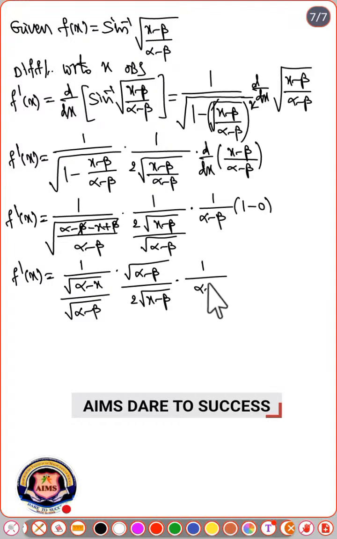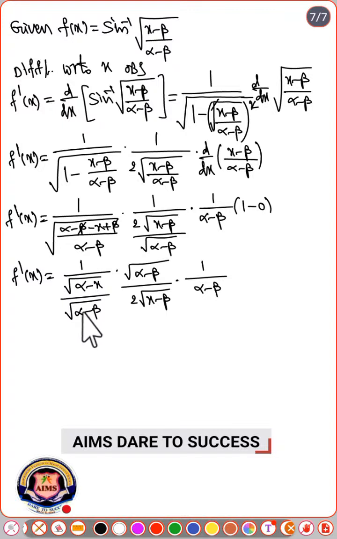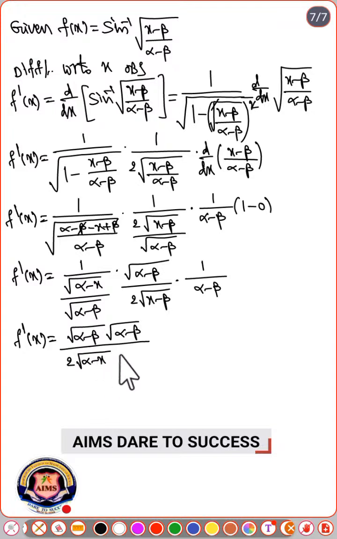Now a small simplification, my dears. So this part also goes to the numerator, we get f dash of x is equal to, root over alpha minus beta, already root over alpha minus beta is there, whole divided by these two multiplying, that is 2 into root alpha minus x into root x minus beta into 1 divided by alpha minus beta.